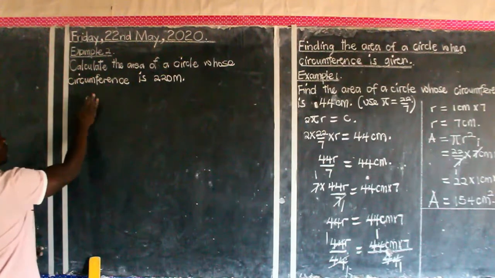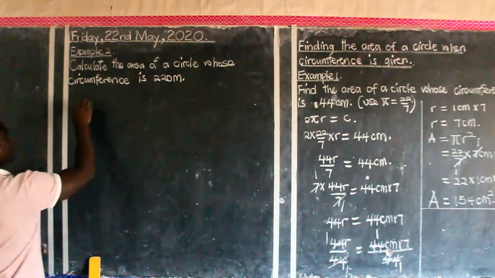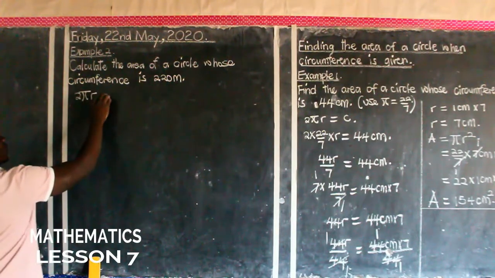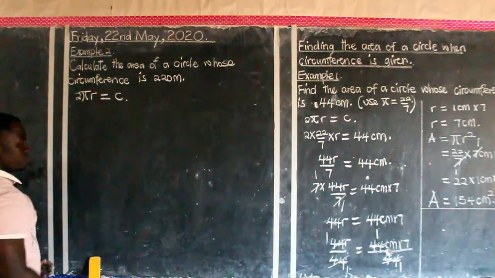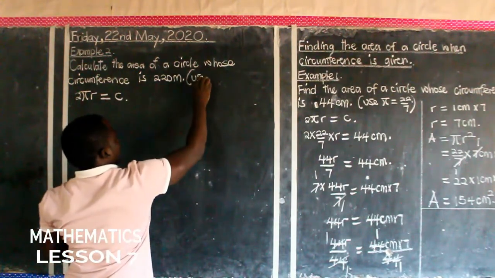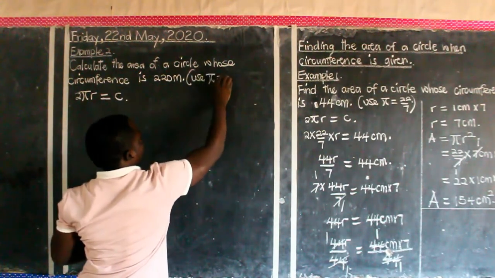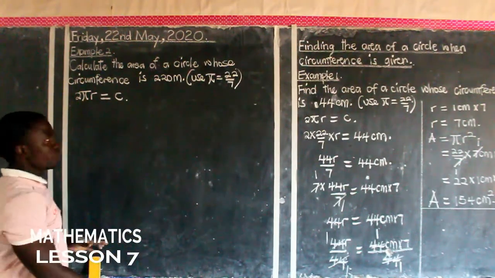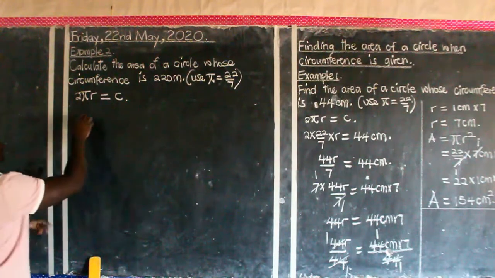So we shall employ the formula of finding circumference of a circle, which is 2 pi r equals circumference. And remember the pi we are using here is that of 22 out of 7. So we shall come down and substitute.